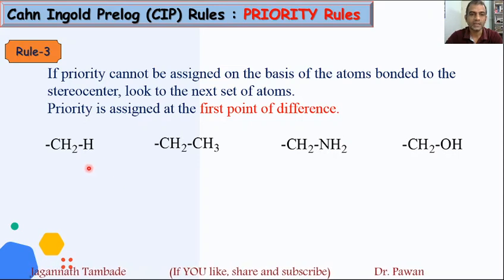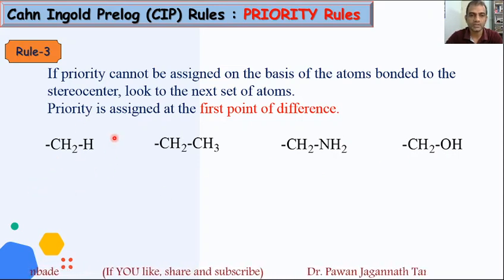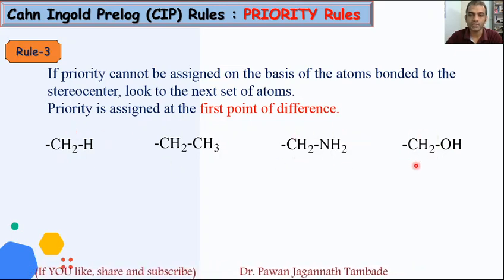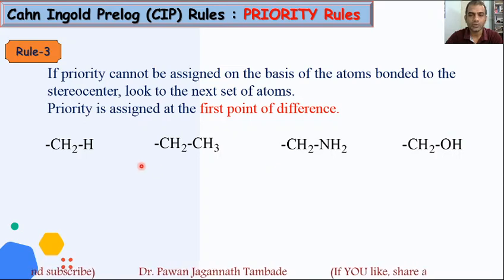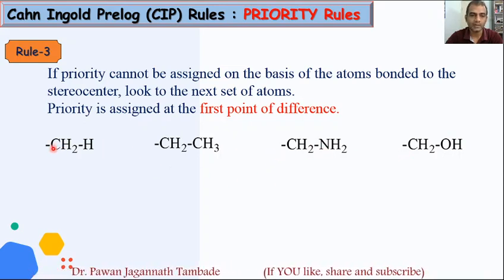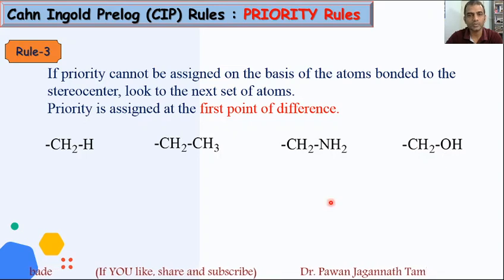Now consider that these four different groups are attached to a stereocenter: CH3, C2H5, CH2NH2 and CH2OH. If you look at these four groups, you will find that the point of attachment in all the groups is the same, that is a carbon atom. To the chiral carbon, each group is attached by means of carbon.